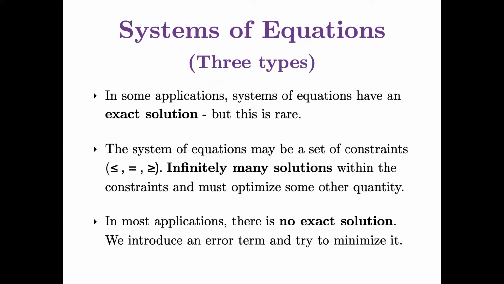In some applications, a system of equations will have an exact solution. This is rare. More often, there's two situations where systems of equations present themselves in analytics. The first is in optimization. And when we're in optimization, they're not necessarily systems of equations, meaning there's an equal sign there.